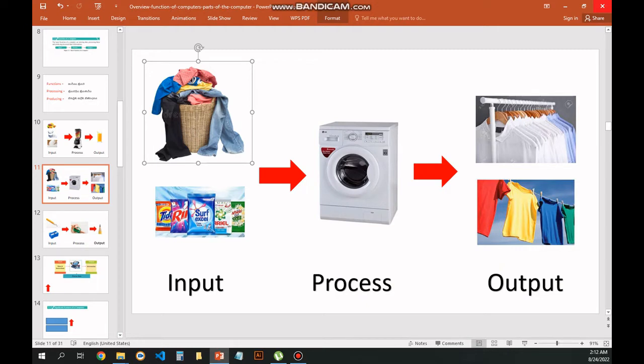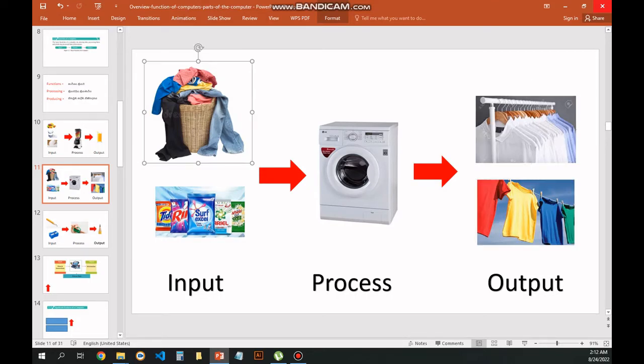With the help of the water line, you can send the water inside the washing machine. Then all are set, and you switch on the washing machine, so it will rotate here and there. After everything, if it is a fully automated washing machine, it will even dry all the clothes. Then you can get them out after a certain amount of time, and you will have nice clean clothes.